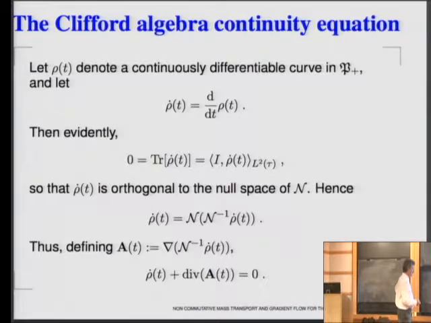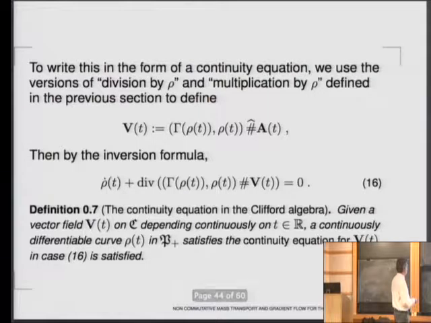So rho dot is n inverse like this, but the n is a divergence. So defining A of t to be the gradient, then here's almost a continuity equation. Except now what I have to do is multiply and divide by rho. Okay? And we know how to do that.